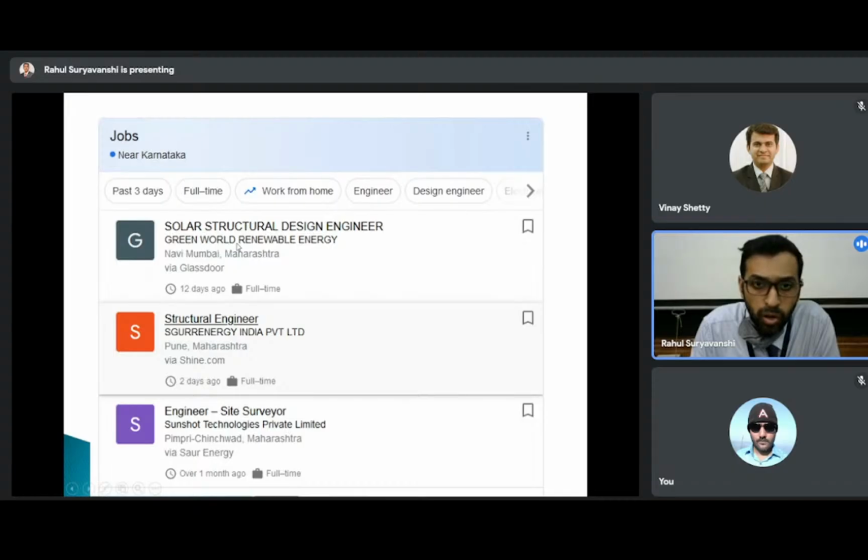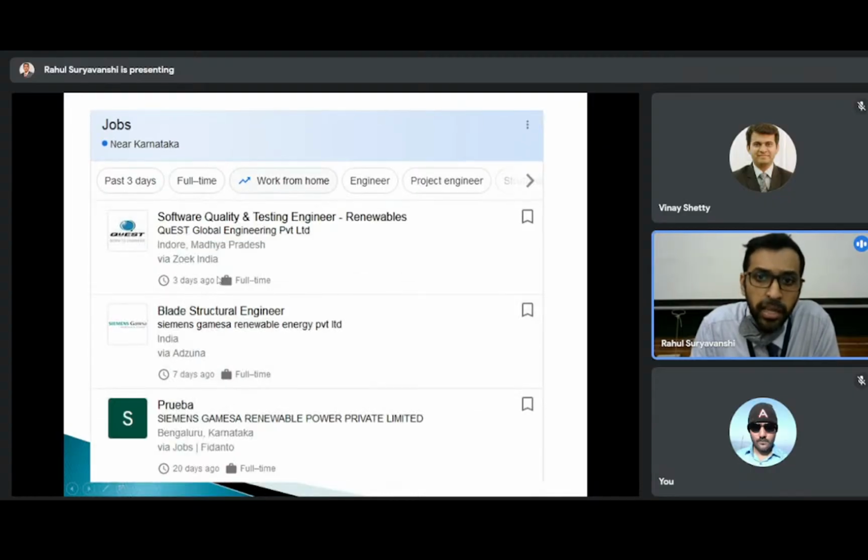Then civil engineers and structural engineers are required in these renewable energy companies. Then aeronautic engineers: Quest Global has a renewable division requiring software quality and testing engineers and blade structure engineers. Siemens is also there. They all require aeronautic engineers.